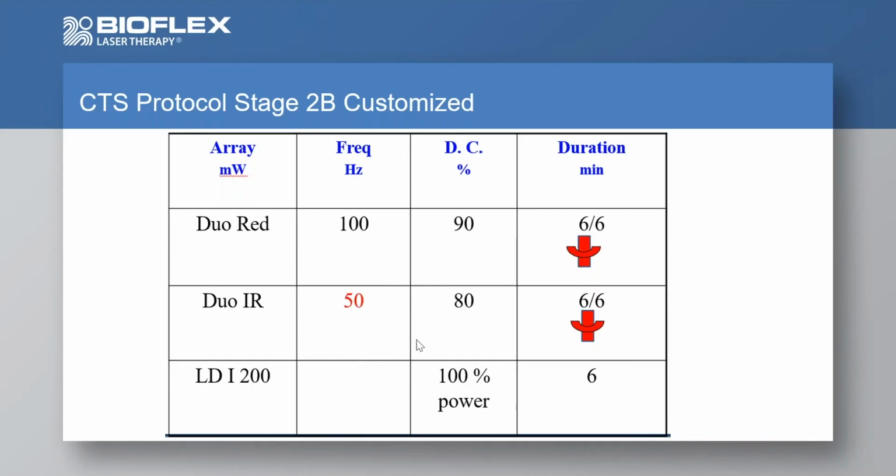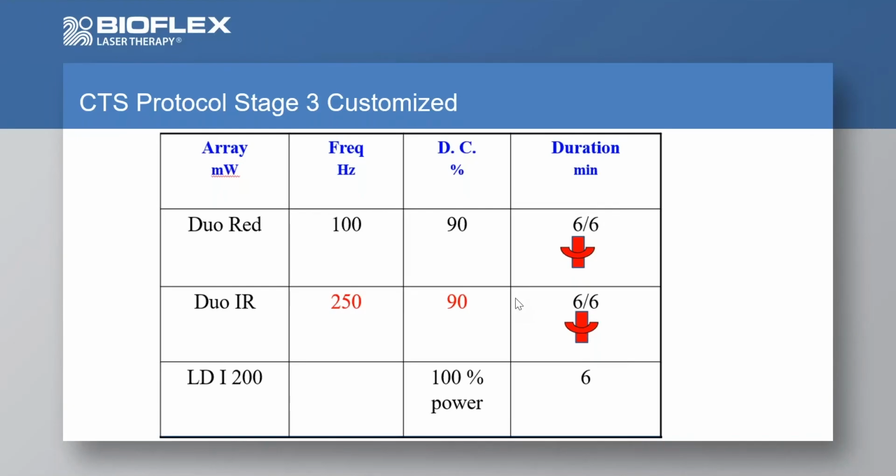And then the higher end of that would be to increase the infrared up to now 50 cycles per second, keeping it still 80% duty cycle. And then a final stage, again, if they're plateauing or you need to increase it even more, you can see that we really ramp up the frequency up to 250.